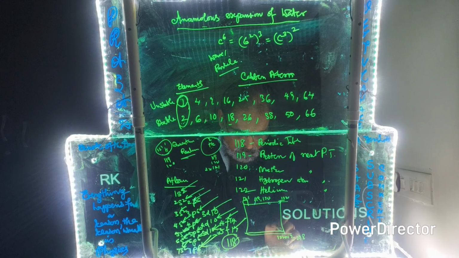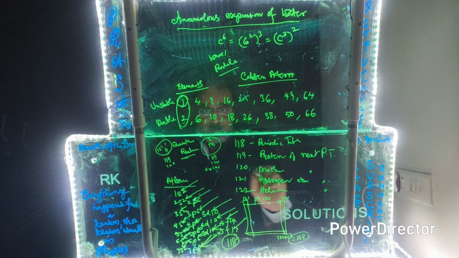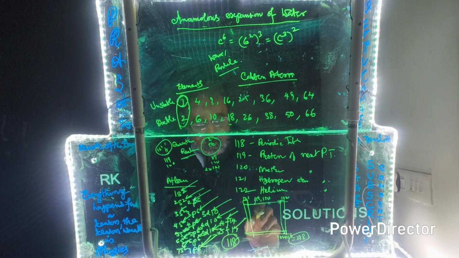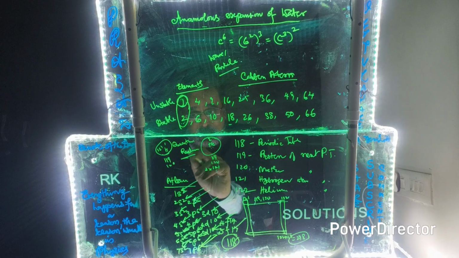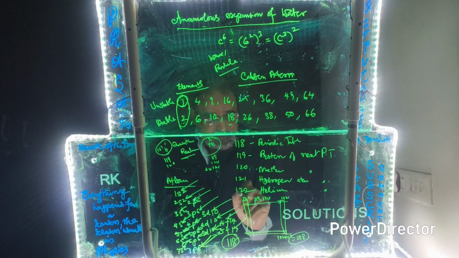The 298th element will be here. Right? So what I mean to say is the new table starts with 121 and ends with 298.